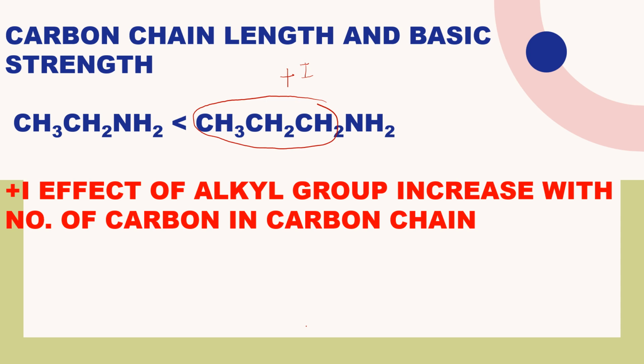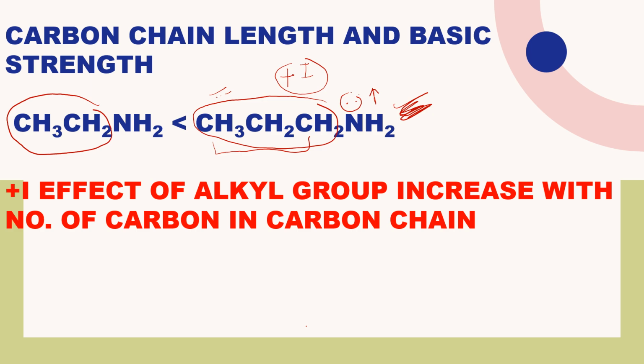So the plus I effect of the first compound is more than the second compound. Due to its plus I effect, the alkyl group increases the electron density on the nitrogen atom. So in the first compound, electron density on nitrogen will be more because it is a 3 carbon chain. It has more plus I effect. That's why this compound is more basic.